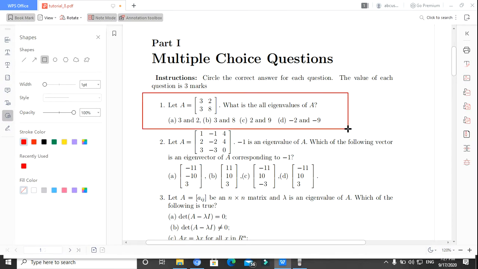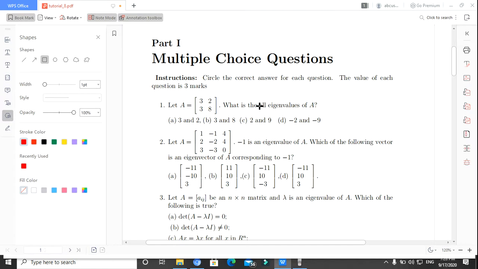The first question is, let A be a 2 by 2 square matrix, and we have to find out all the eigenvalues for this matrix A. Here four options are given for the eigenvalues of this matrix A, and we have two very important properties on the eigenvalues.